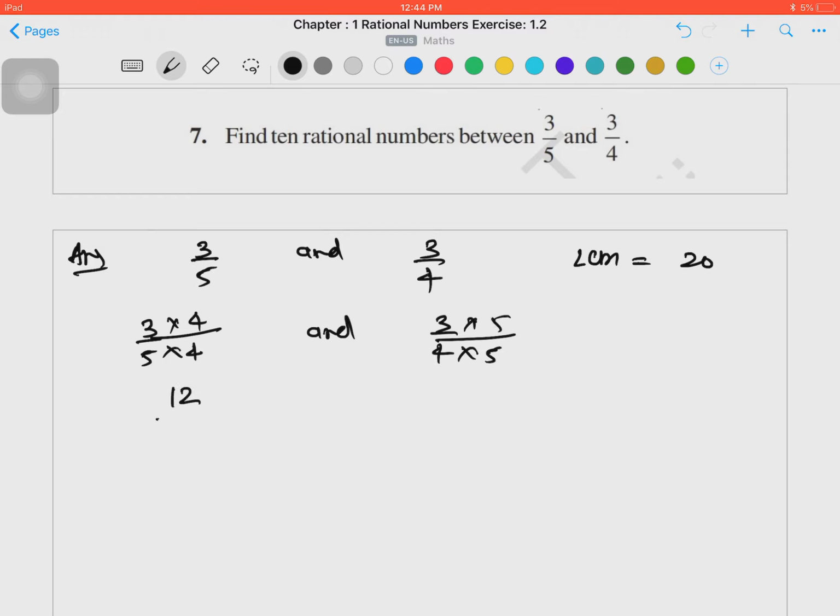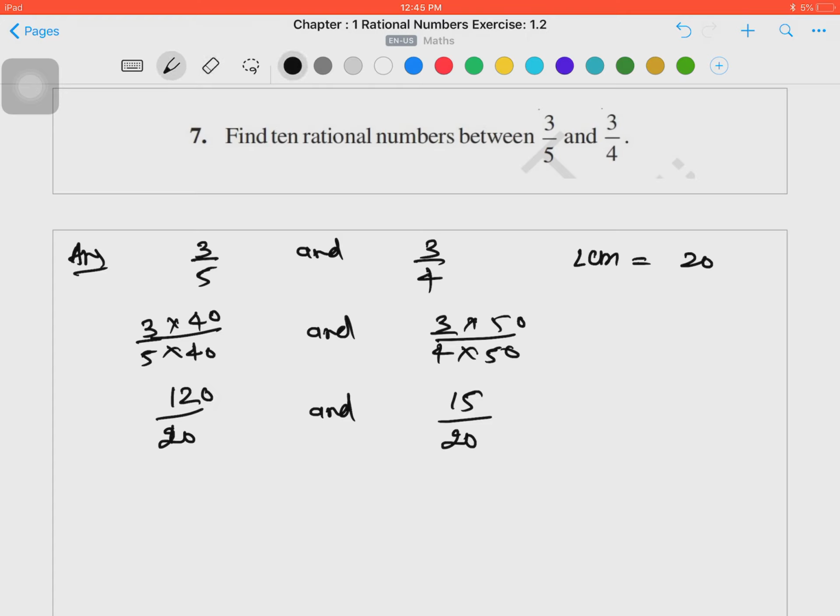So number that we get is 12 by 20 and 15 by 20. Now you can again see between 12 and 15 we have only 13 and 14. So we'll again multiply them by, let's multiply here by 40 and 50. What I have done is again multiplying by 10 here.